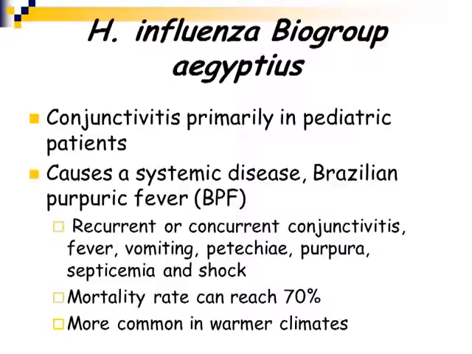And the mortality rate can be as high as 70%. And systemic disease due to the Haemophilus influenzae biogroup aegyptius is much more common in warmer climates.